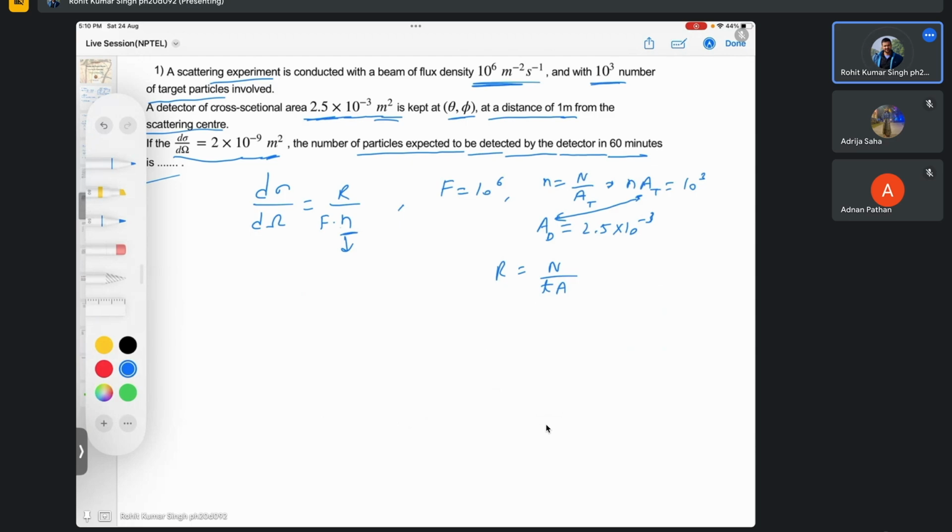Because it's mentioned separately, these are the number of particles that are involved in the scattering. Number density is given for the entire target species; we do not know how many will partake. But I'm saying these are the number of target particles involved.